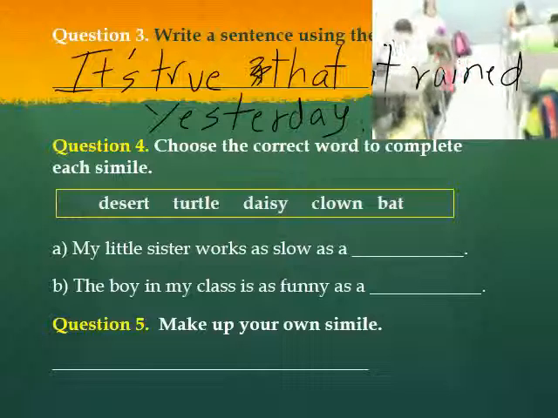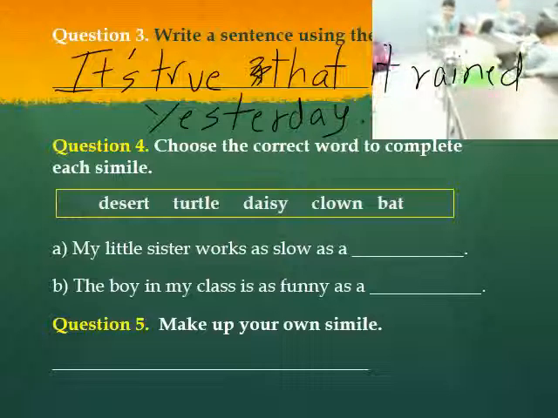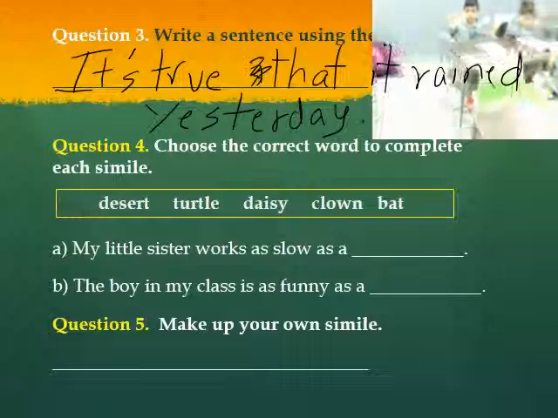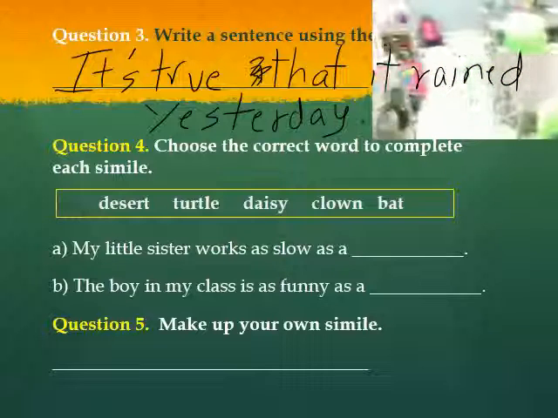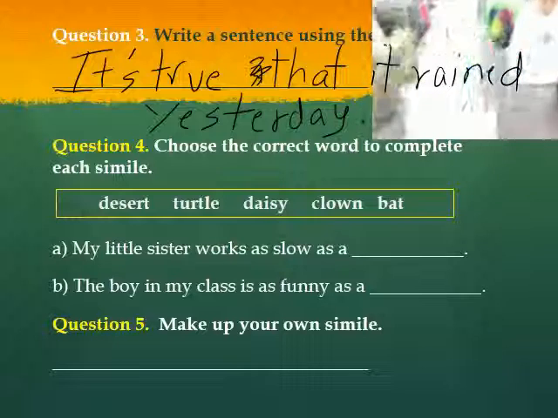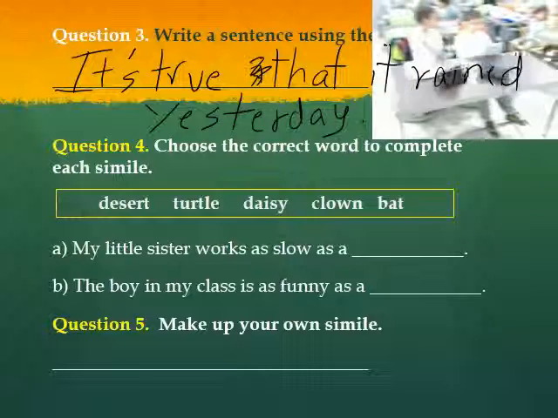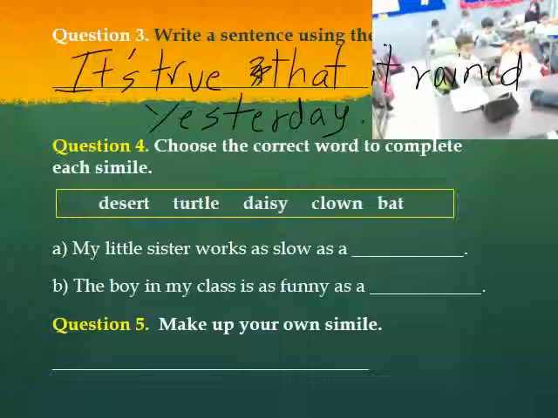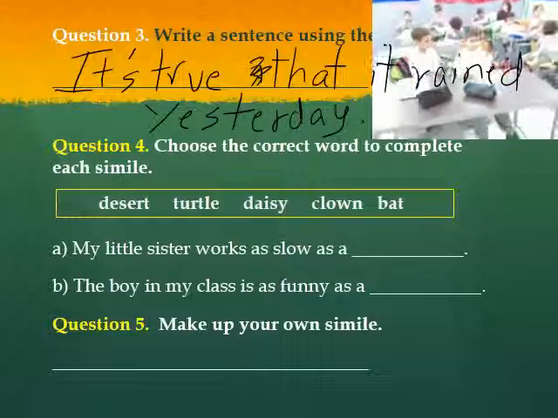It uses as or like. And what does it do? It compares two things. Yes, we compare two things using the words as or like.